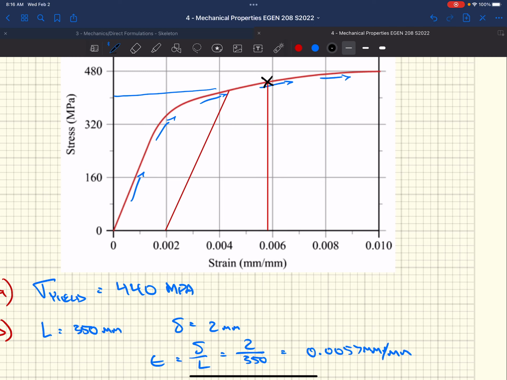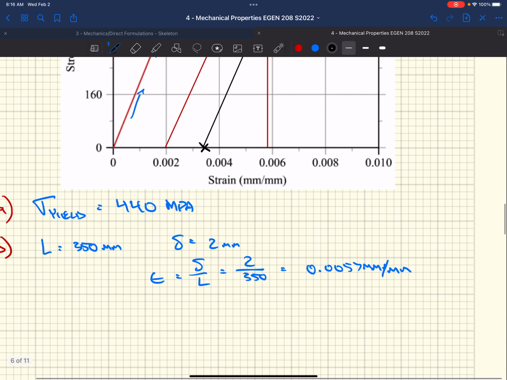And when we unload it, as we know, we come right back down parallel to our linear stress strain response of this initial part of our curve. So we come right back down, and we're going to end up down here at some strain.